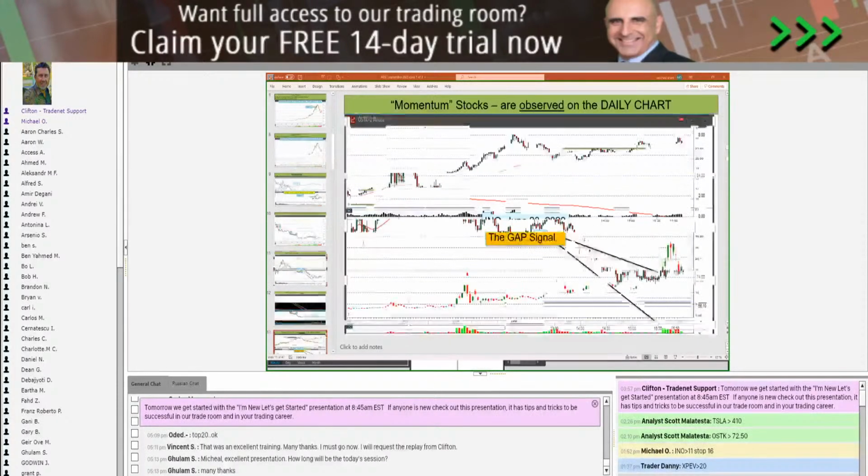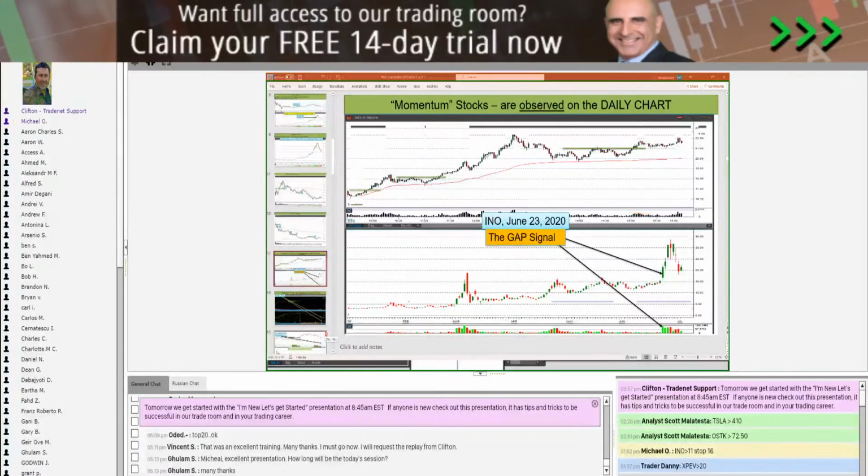Let's take a look at now the summary of momentum stocks. Okay, we observe momentum stocks on the daily chart. For example, you can see this is June 23rd. The signal is the gap up.